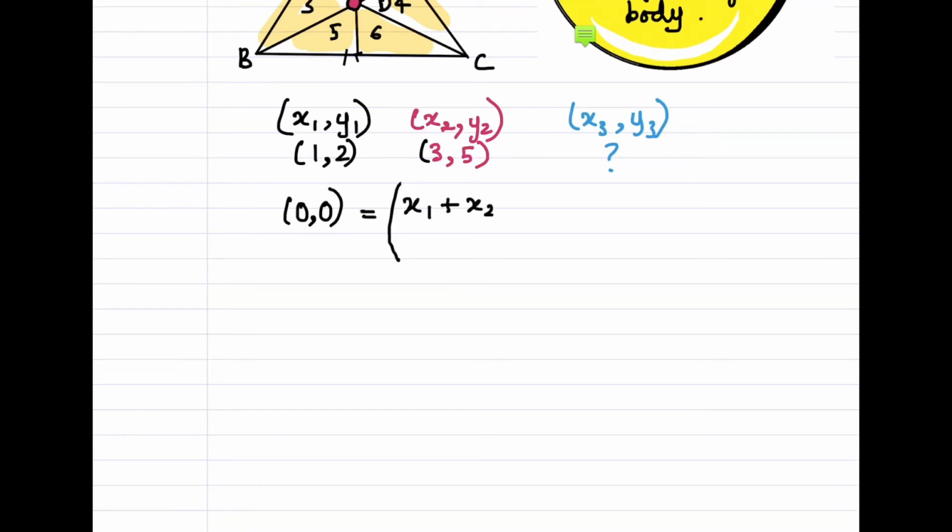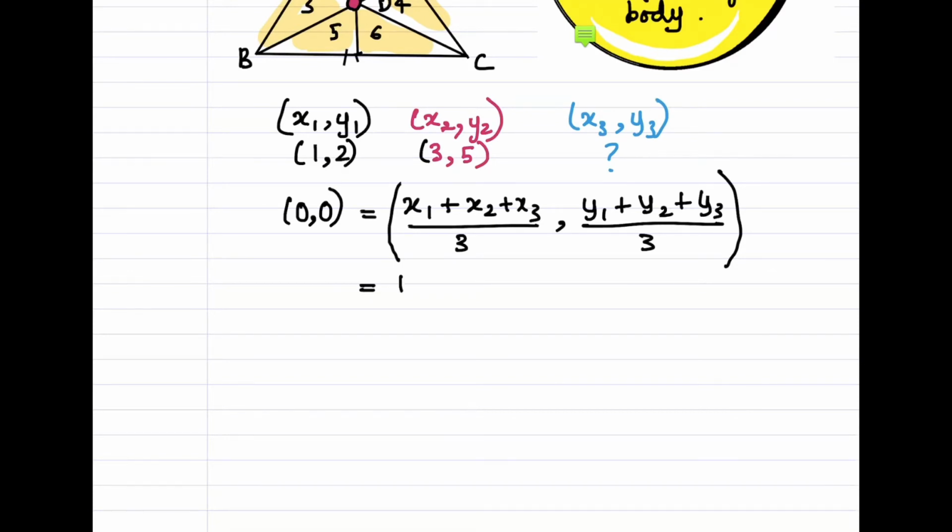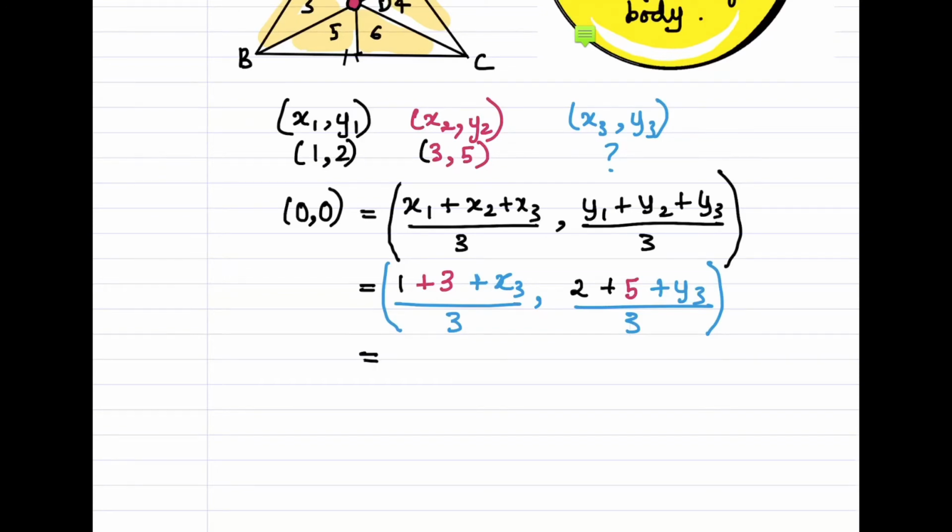So ((x1 + x2 + x3)/3, (y1 + y2 + y3)/3), which is equal to ((1 + 3 + x3)/3, (2 + 5 + y3)/3), which gives us ((4 + x3)/3, (7 + y3)/3).